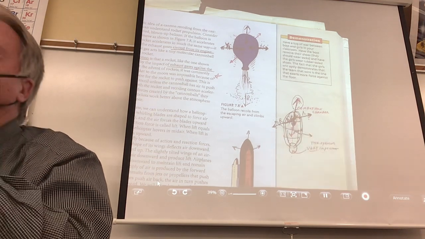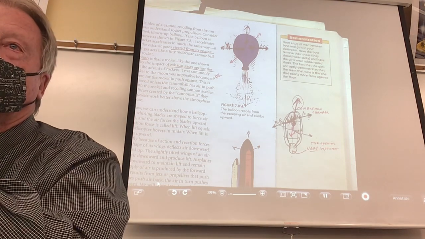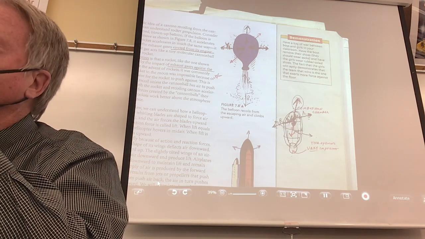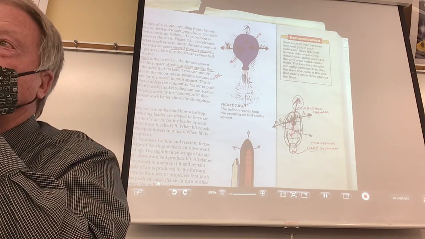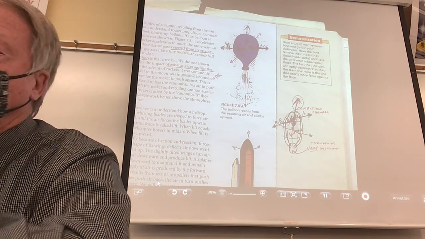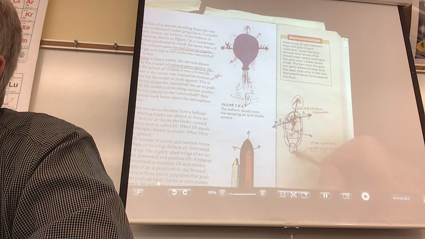Oh, I lost you on that one. When the balloon was closed, there was no net force on the gas in the balloon. Everything got canceled, didn't it? When I opened it up, what happened? When I opened it up, I still had this one and these, right? But I didn't have these two, did I?